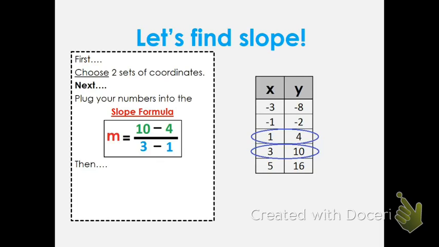Then we're going to subtract. Keep in mind that this is going to be our y2, and this one's our y1, and this is our x2, and this is our x1, as we're putting those into the equation.